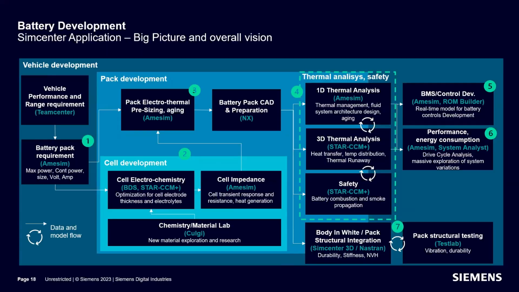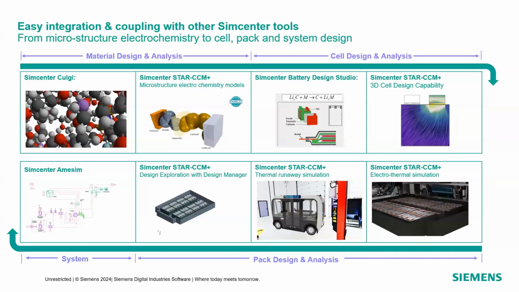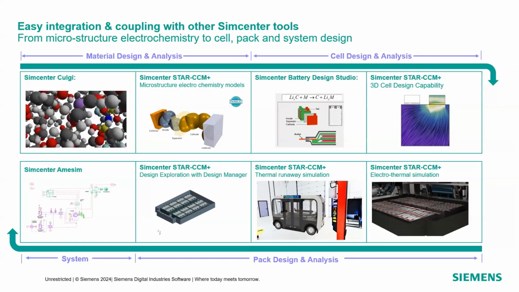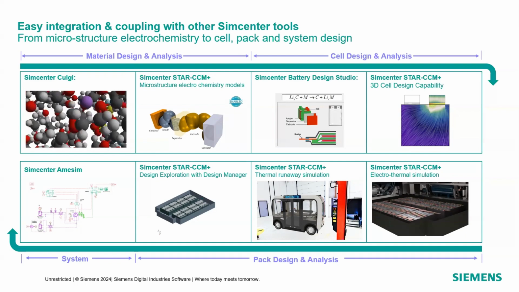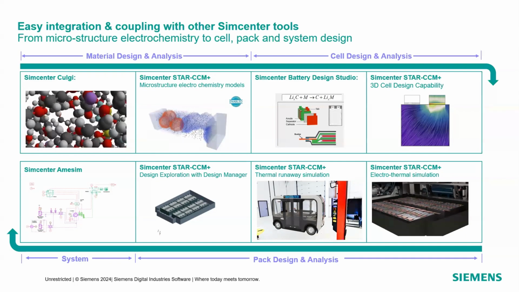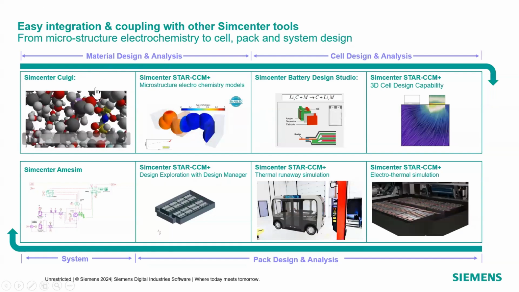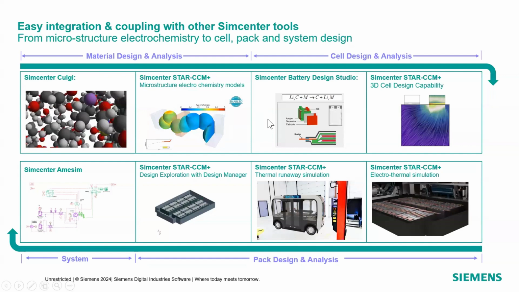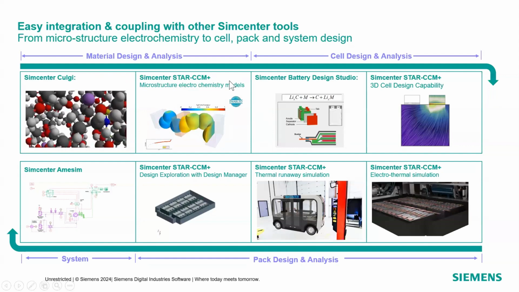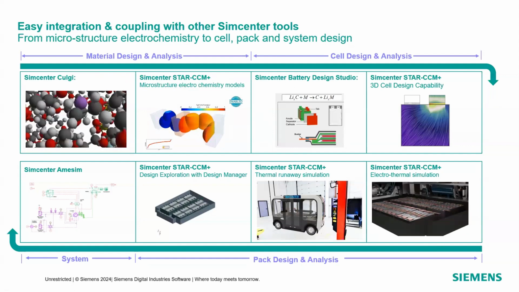And then this is really just another way of looking at that. Let's see if these animations will play happily. Yes, they will. Good. So really, if you want to look at material design and analysis, Colgi and Star CCM Plus will let you dive into the chemistry and the microstructure of the battery.